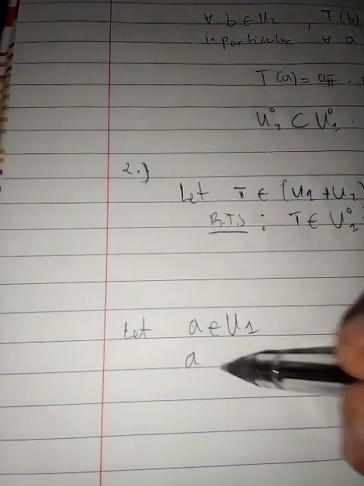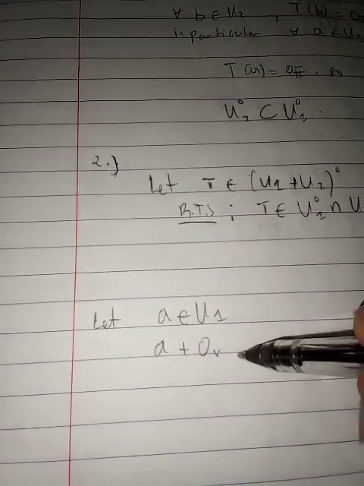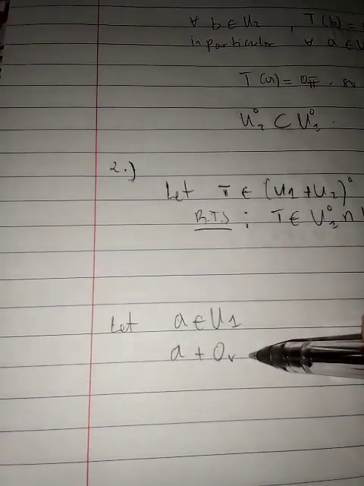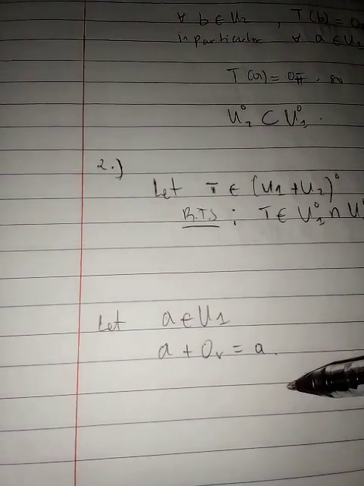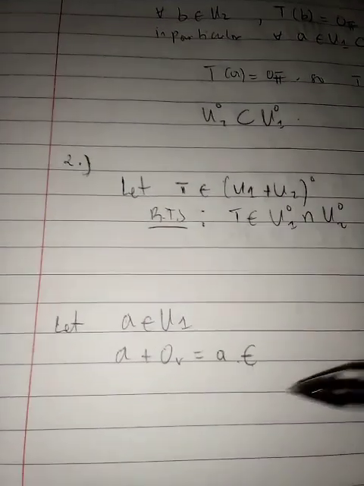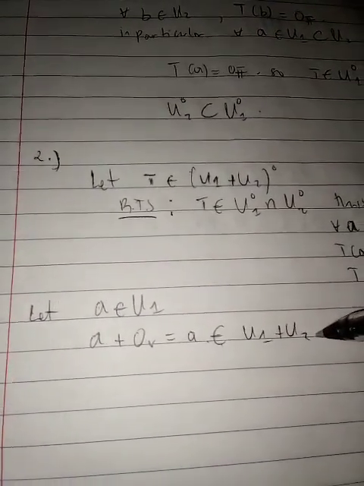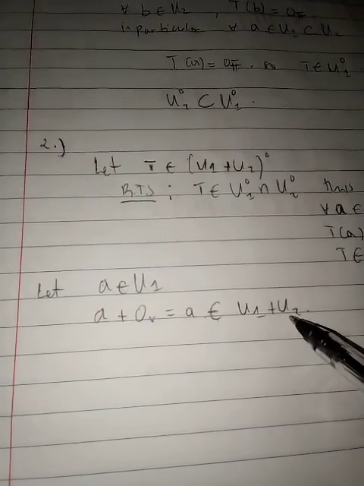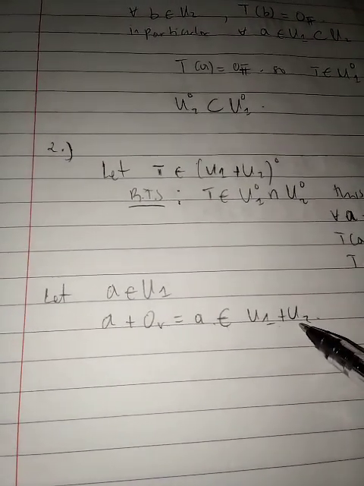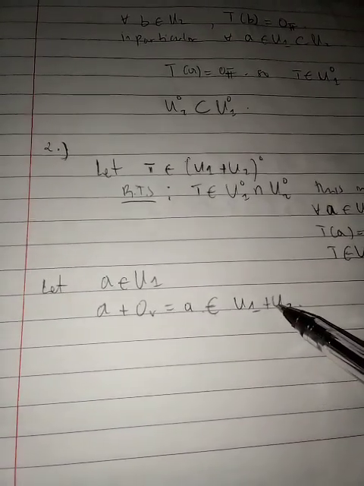We have that a plus the 0 of V is equal to a, which is an element of U1 plus U2, since the 0 of V belongs to U2. They are subspaces of V, and if they are subspaces, they satisfy the property that they contain the null element of V.